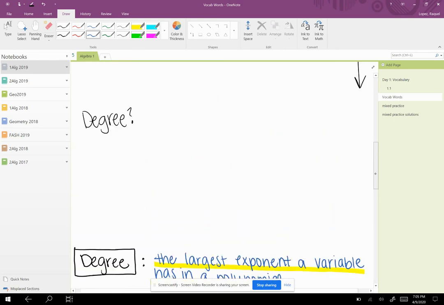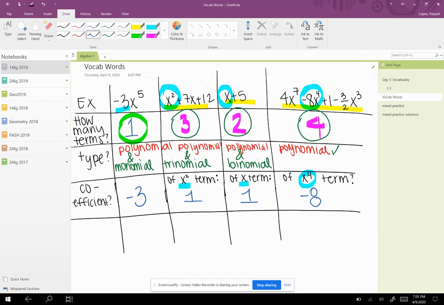Now let's go back to our table. Okay, so now I want you guys to fill out this bottom row, and we're going to find the degree of each of these. Okay, the degree of negative x to the 5th is 5. That's the highest exponent. The degree of x squared plus 7x plus 12 is 2. That is the biggest exponent I see.